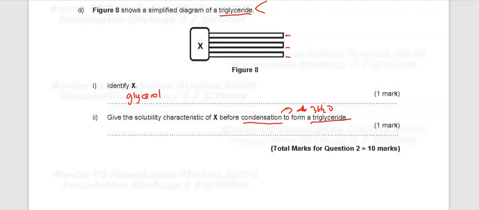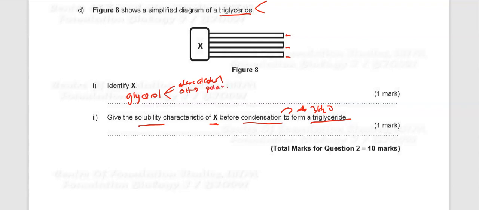So back to the question, give the solubility characteristics of X. We know that X is glycerol, which is a type of alcohol. If you look at the structure of glycerol, it has 3 hydroxyl groups. As you know, the hydroxyl group is polar.